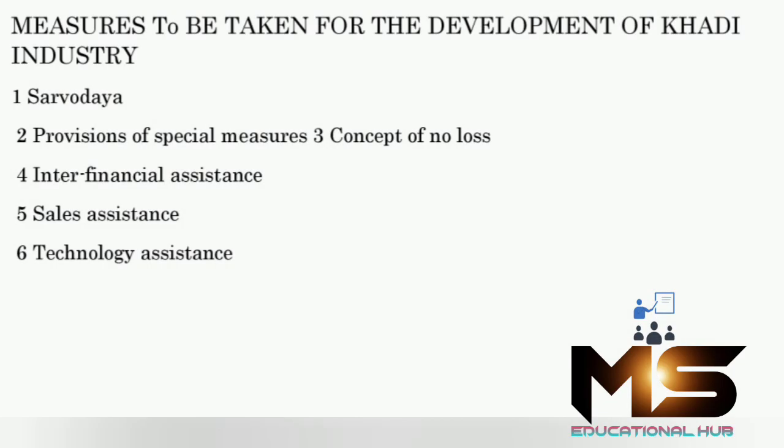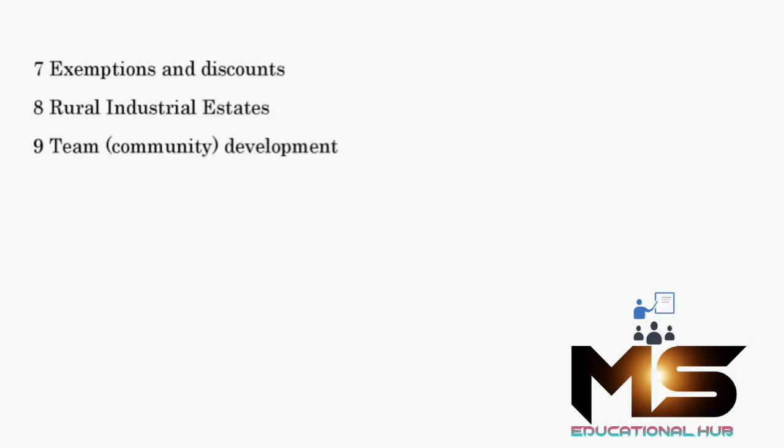Then measures to be taken for the development of the khadi industry: Sarvodaya, provision of special measures, concept of no loss, sales assistance, technology assistance, exemptions and discounts, rural industrial estates, team or community development.